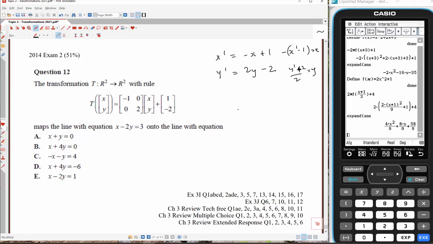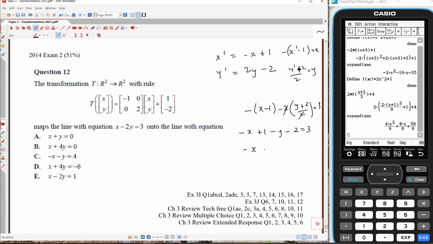Okay, so let's pop them in. So for x, I've got negative x take 1 goes in. I'm just going to drop my dashes straight away. Y plus 2 over 2 equals 3. Okay, negative x plus 1 take away, so that's going to cancel with that. Y take 2 equals 3.